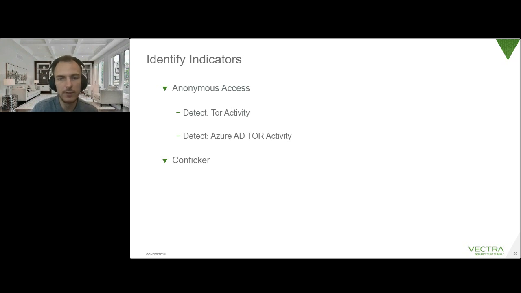With Detect for Network, if a user in my environment is using the Tor browser or using the Tor network, we have a detection for that. And for those of you who aren't familiar, this is anonymization software that proxies connections through multiple nodes to hide the destination and the source from people along the way.